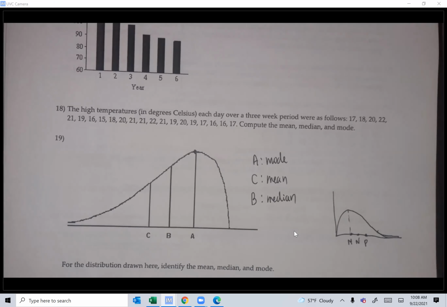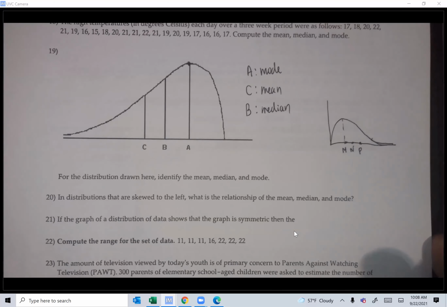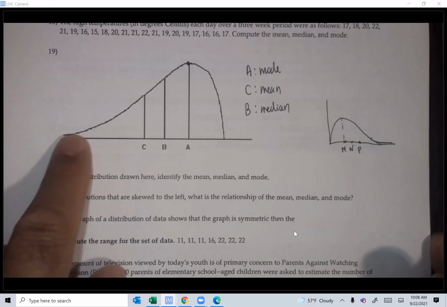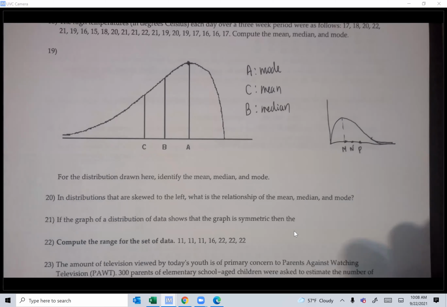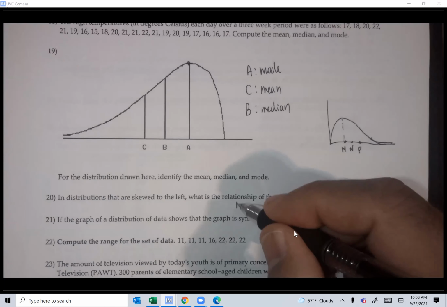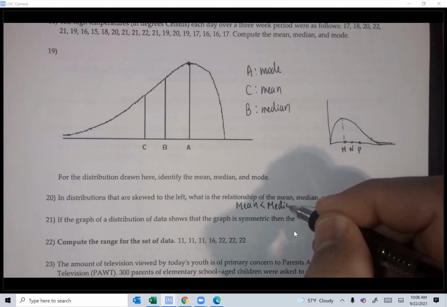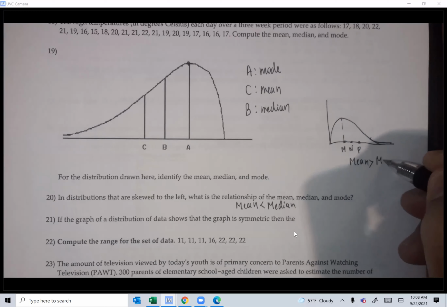20. In distributions that are skewed to the left, what's the relationship between the mean, median, and mode? Well, we'll just talk about it. So if this is a skewed left distribution, the mean will always be less than the median. And in this one, guys, the mean will be greater than the median.